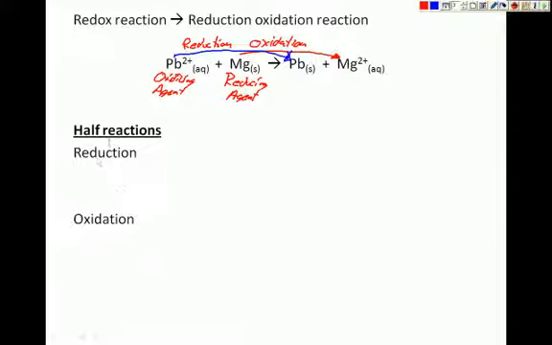So let's look at the half reaction of lead here. Pb2+ is gaining electrons. So how many electrons does it gain? It gains 2 electrons and makes Pb solid.